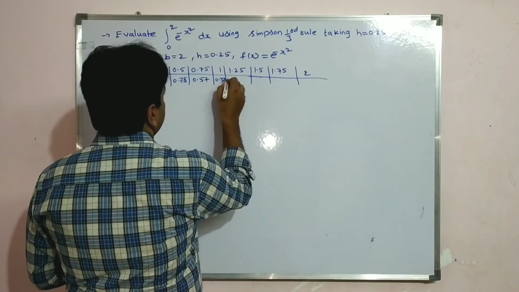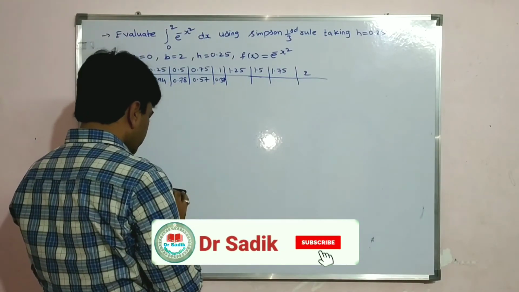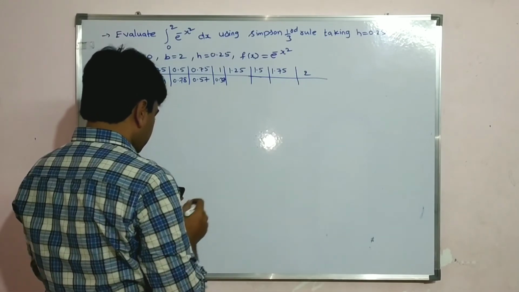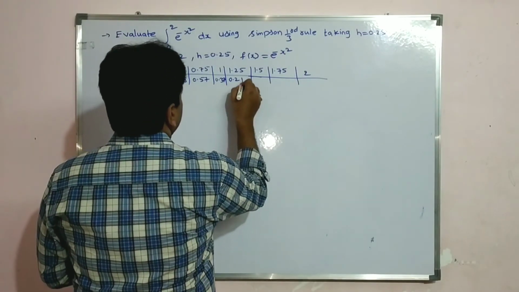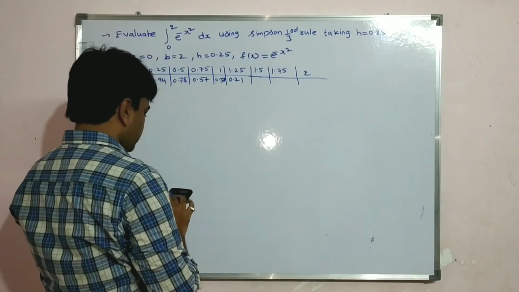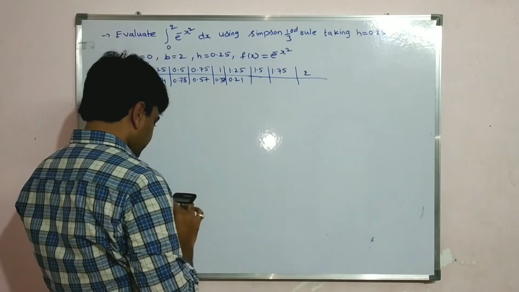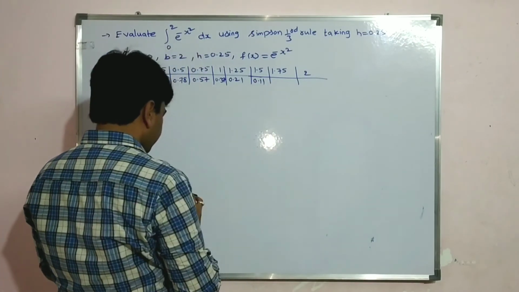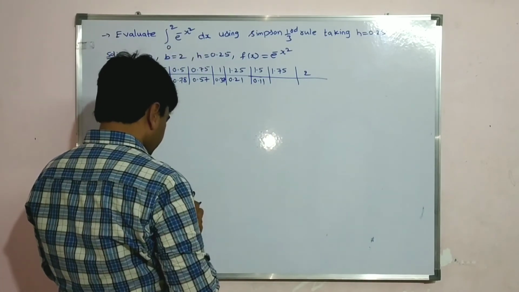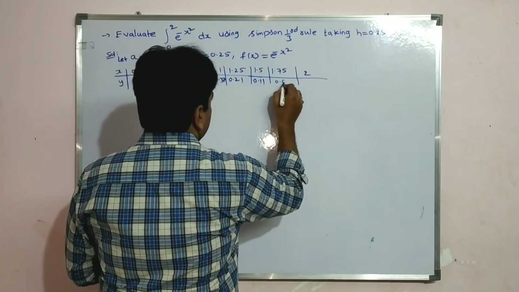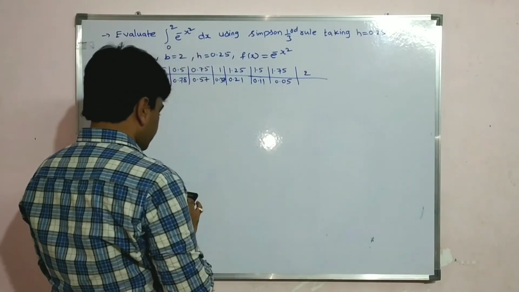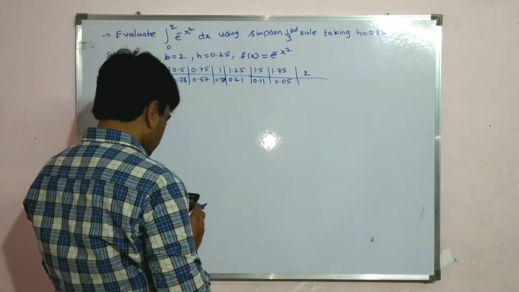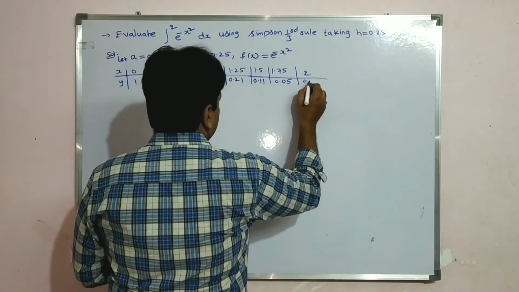Then 1.25 x square, we get 0.21, and 1.5 we get 0.11. For 1.75 we get 0.05, and for 2 we get 0.02.